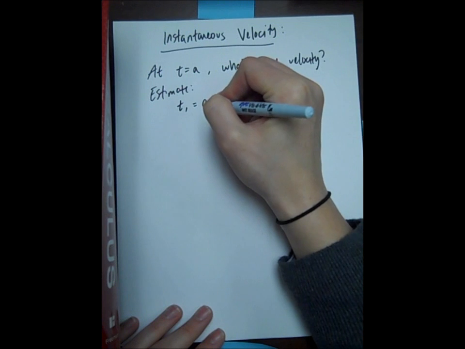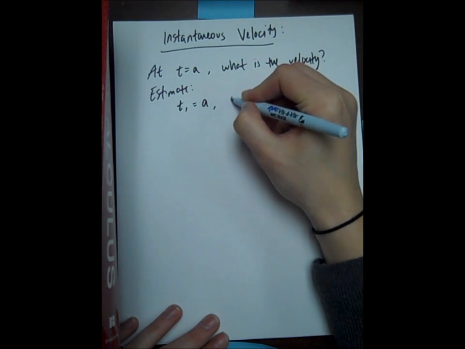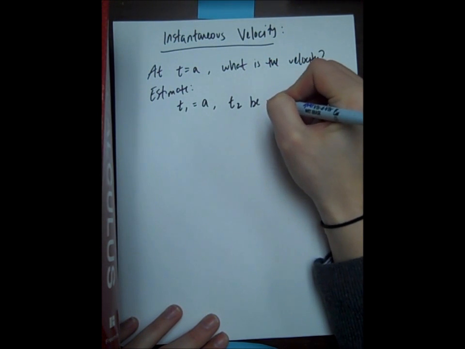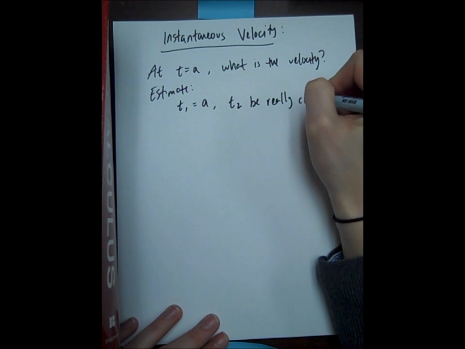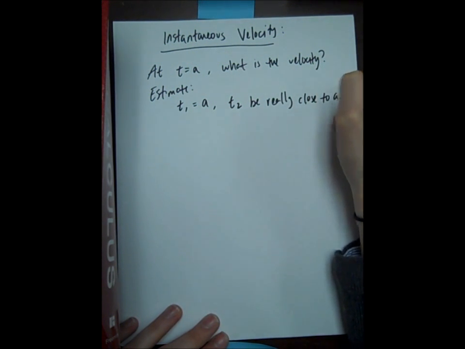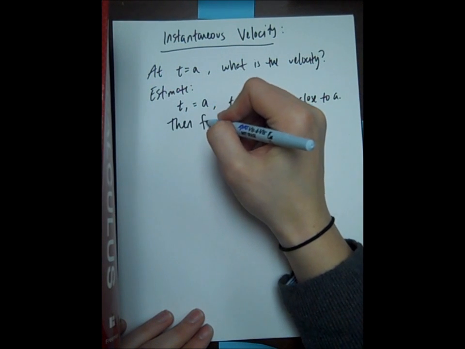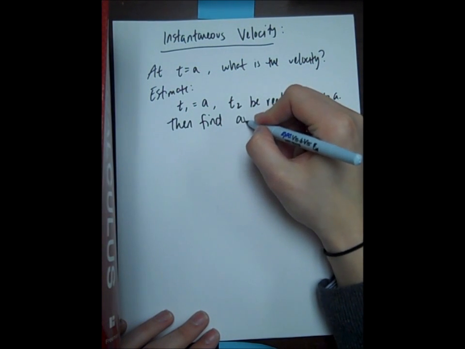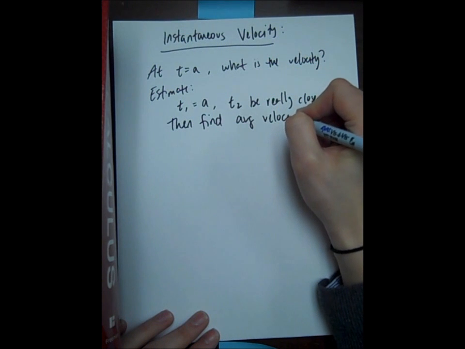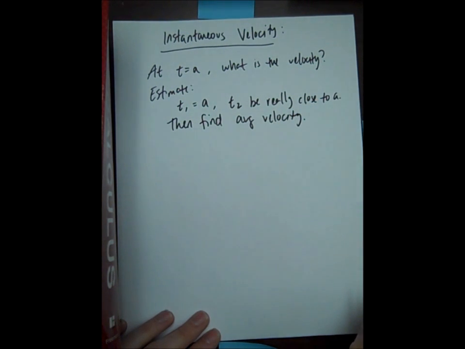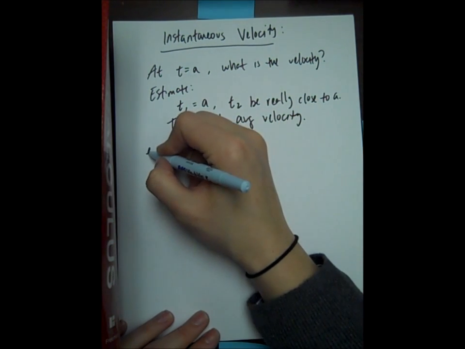You'll let T1 be your A, and then you'll let T2 be really close to A. And then you'll find the average velocity.